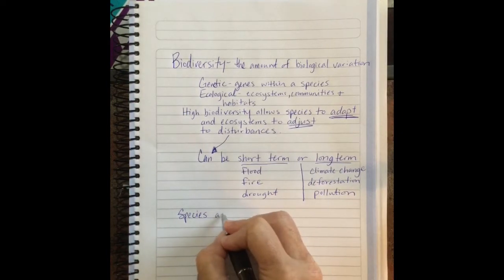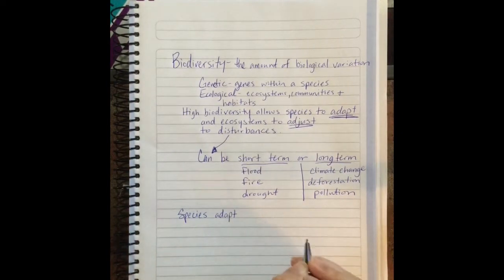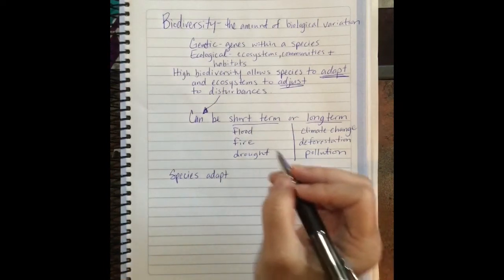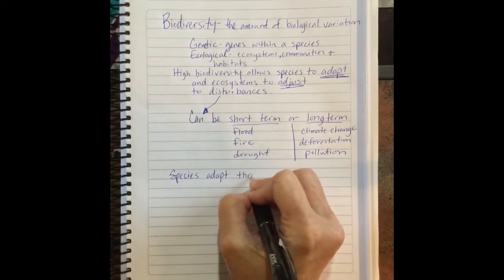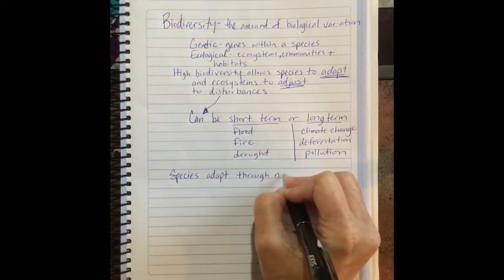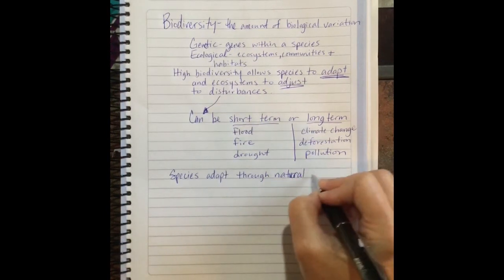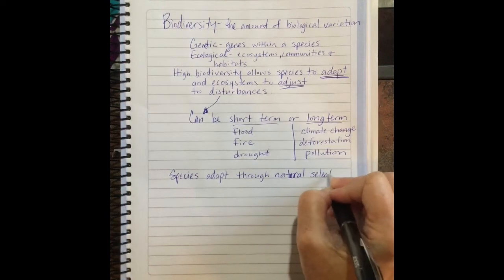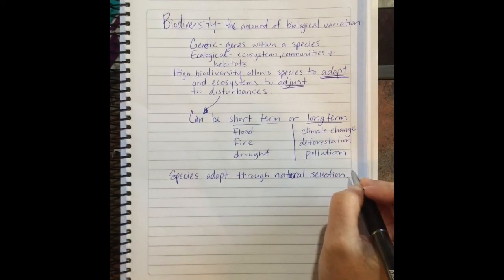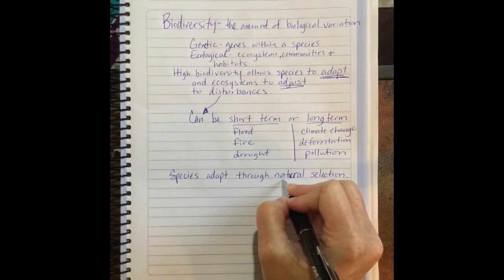Now, species are able to adapt through the process of natural selection. So the more biodiverse a species or even an ecosystem is, the more capability they have to adapt.